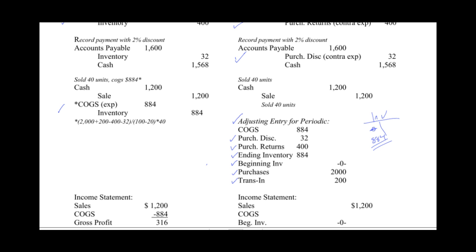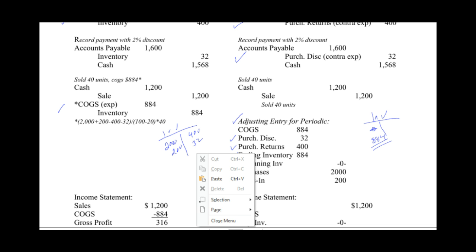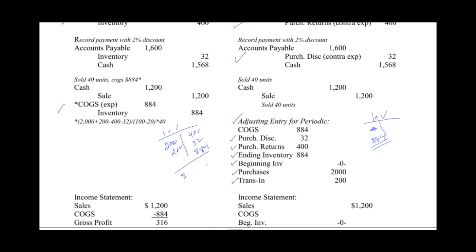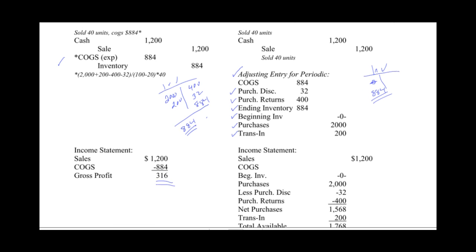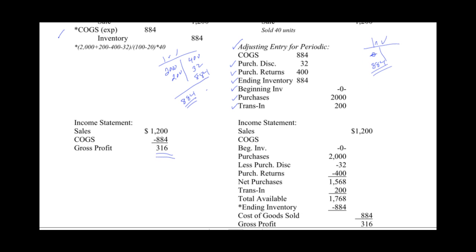The perpetual system showed inventory of the purchase, the freight, the return, the discount, the sell, and if you net all of that, it's also at 884. So there's no difference in the balance in the inventory account between the two methods. The only difference could be caused by cost flow.